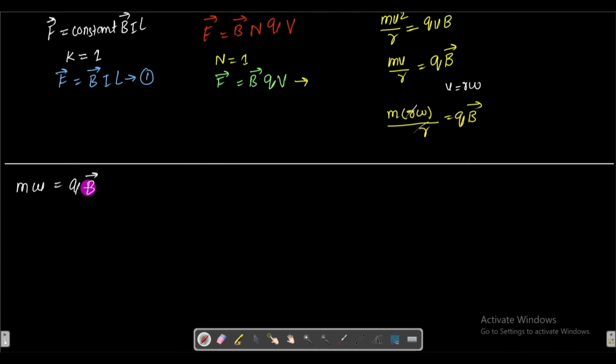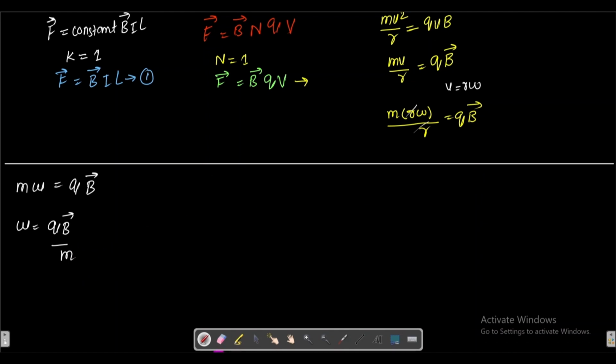Okay, so from here this omega is given by q b, magnetic induction, divided by m. Now the free electron is moving in a circular path, so there will be some time period for that motion.